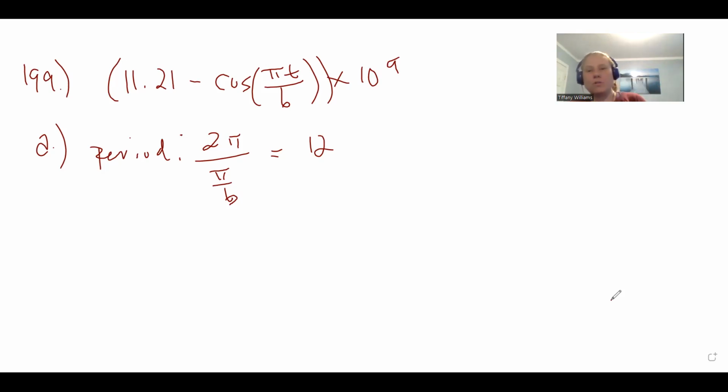But if you think about cosine of 0, it's going to go to 0. So because that piece goes to 0, my answer is really just going to be 11.21 times 10 to the 9th.